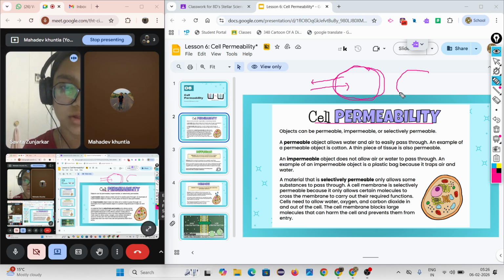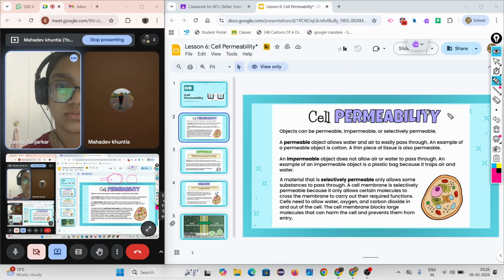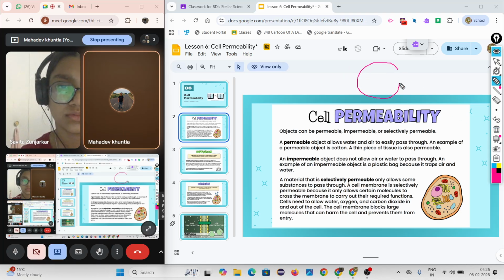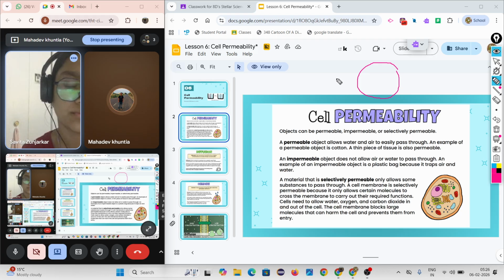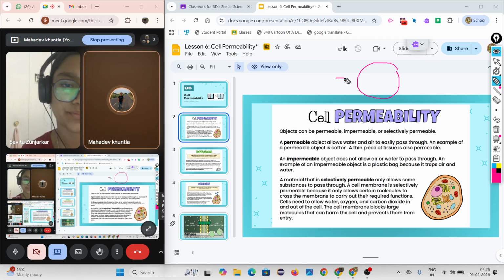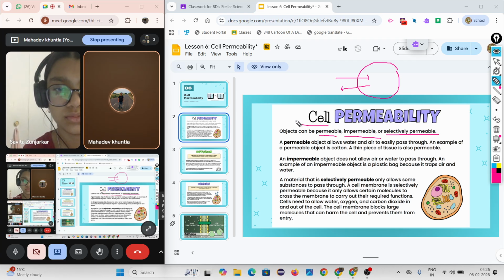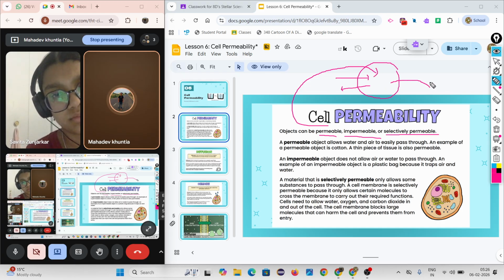Suppose this is our cell. Can every material go inside the cell? No. Permeable means every material can go inside the cell and come outside the cell.